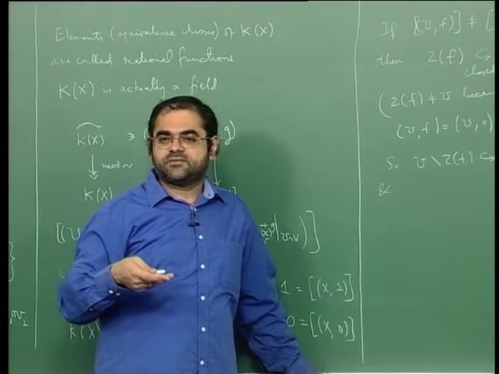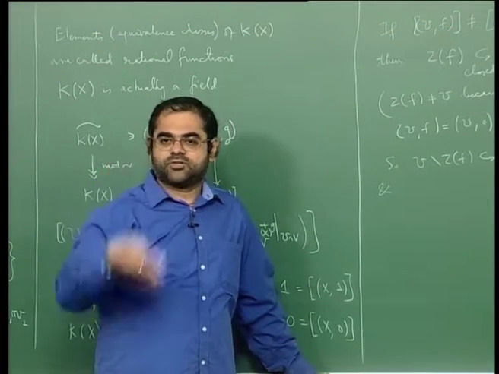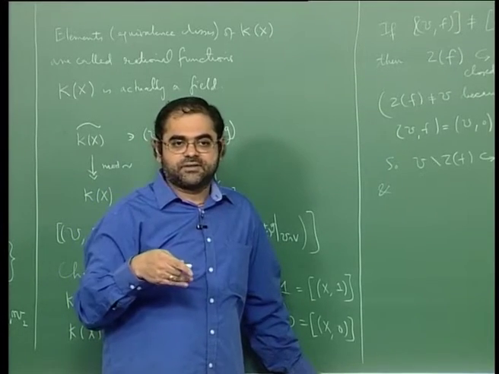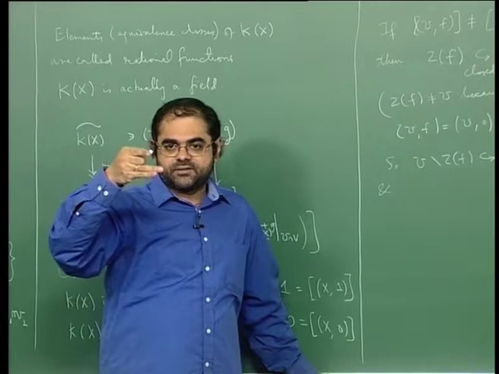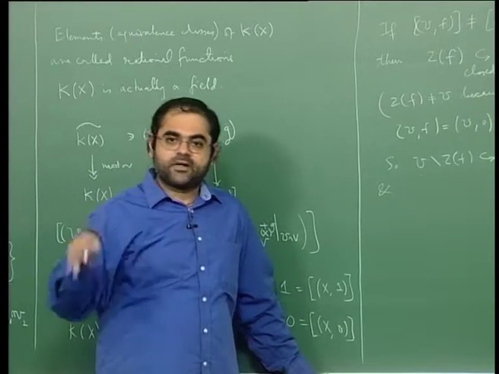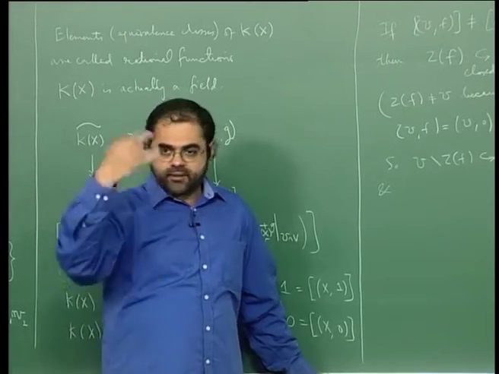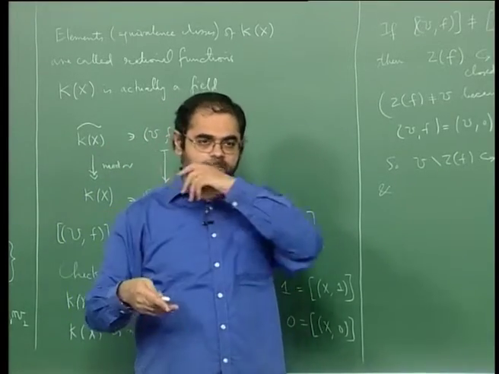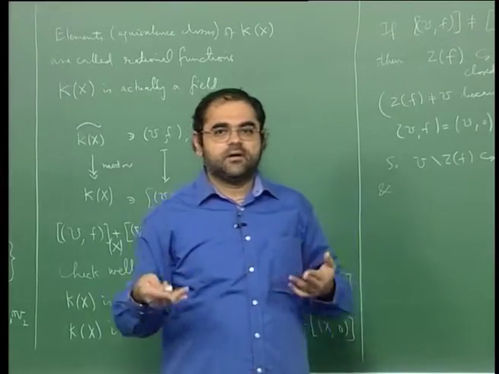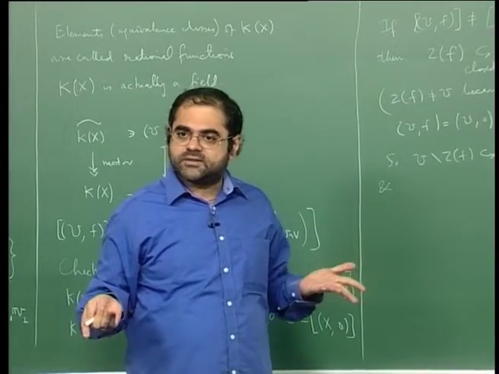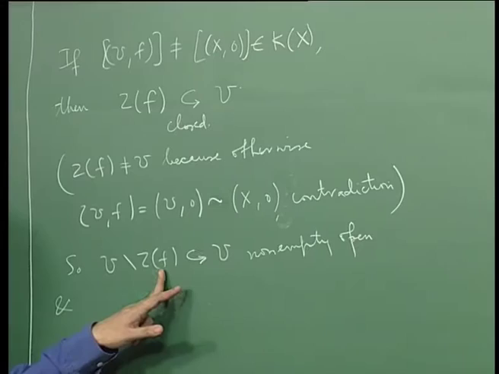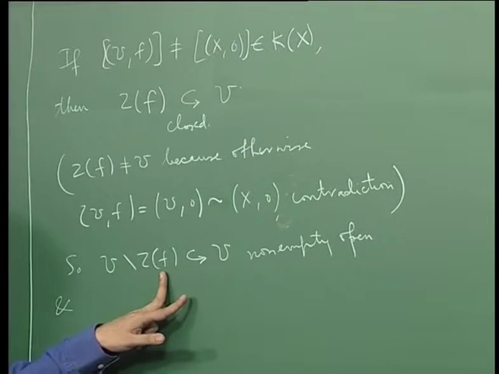After all, a regular function is locally of the form quotient of polynomials. Where it will not vanish is where the numerator polynomial does not vanish. If the numerator polynomial does not vanish, already when you are writing the quotient, the denominator polynomial cannot vanish. If the numerator also does not vanish, then the reciprocal of these two, numerator and denominator, will again give you a regular function at that point locally, okay. Therefore wherever a regular function does not vanish, its reciprocal is also a regular function.